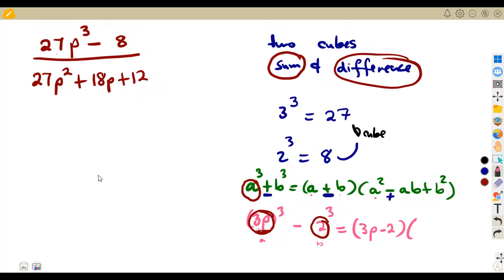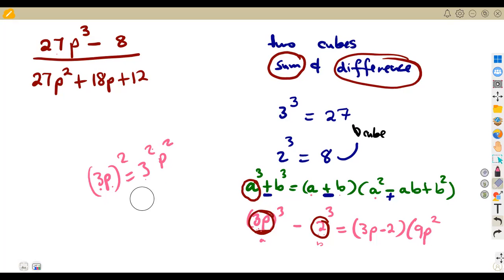But guys, we know that 3p squared can be simplified. 3 and p are being affected by the exponent of 2. So 3 is raised to the exponent of 2, and p is also raised to the exponent of 2, which gives us 9p squared.